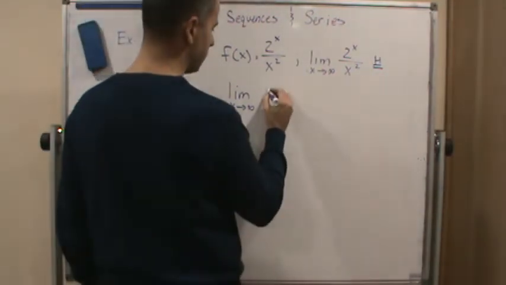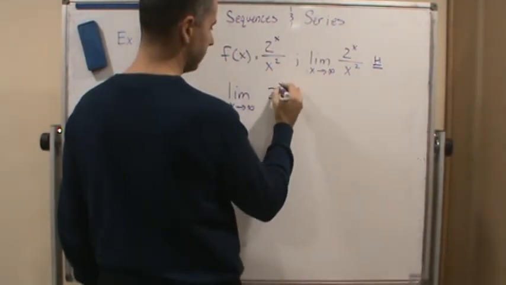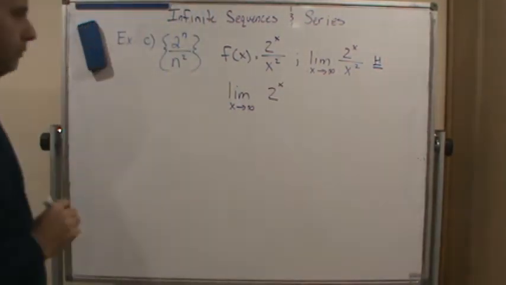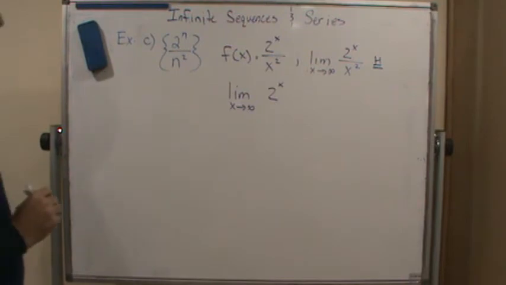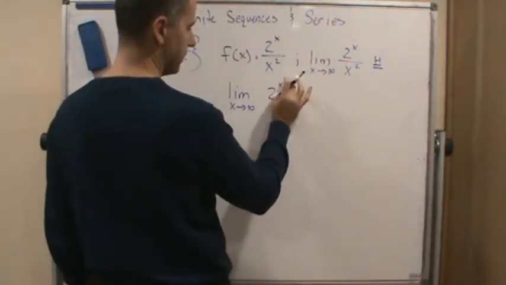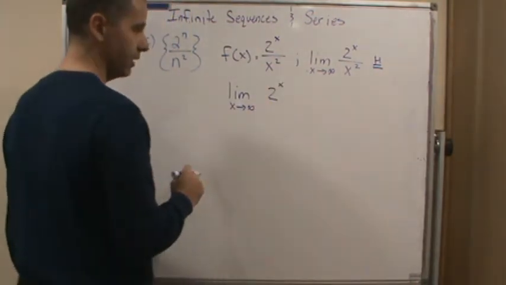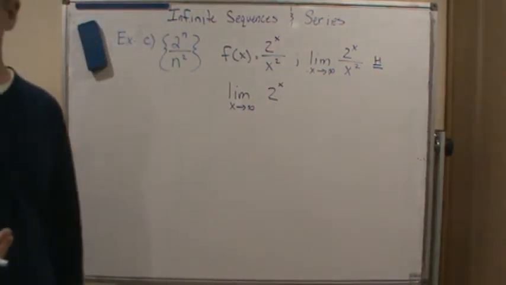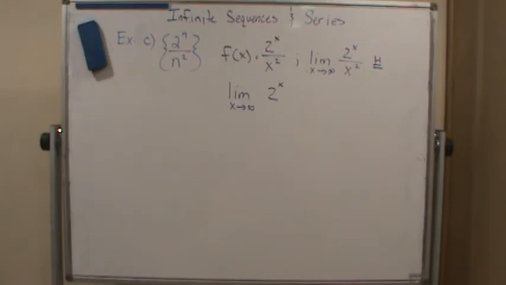So it's going to be 2 to the x, the outside function, times the derivative of the inside function, which is 1. But then we also multiply by the natural log of the base.